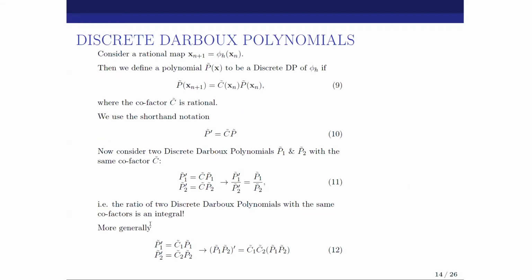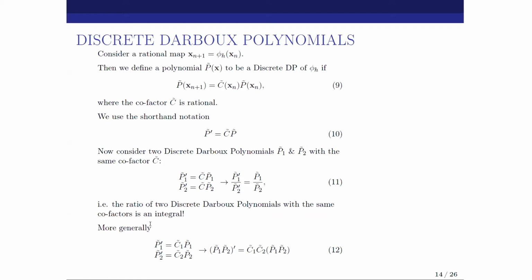Okay, so now we're going to look at the discrete case, the analog of the discrete case. So now we have a mapping, a rational map, and now we define a discrete double polynomial, indicated by the wiggle, to be a discrete double polynomial if P wiggle of x at time n plus 1 is C wiggle times P of x at time n.